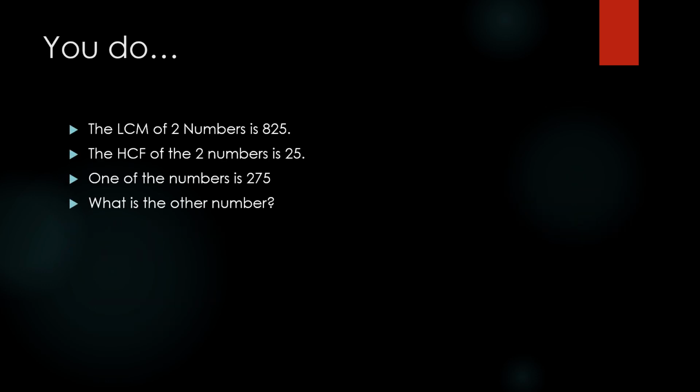This is something for you to do. The LCM of two numbers is 825. The HCF of the two numbers is 25. One of the numbers is 275. What is the other number? Remember, HCF times LCM equals number 1 times number 2.